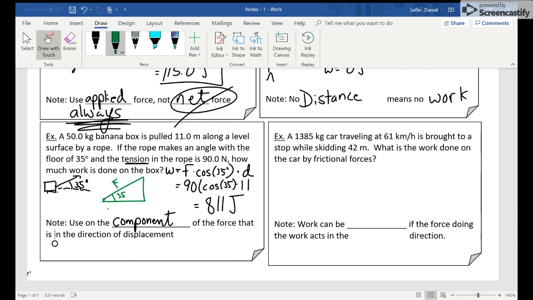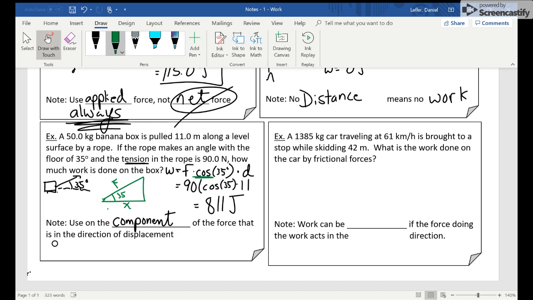Using cosine, we found the x component of it. We did not find the y. So we're only figuring out how much of that force is being applied straight out from it, is basically what you're doing. We will never use the sine on these, because sine would be finding how much force you're lifting up with. So with these, it's always going to be the cosine.